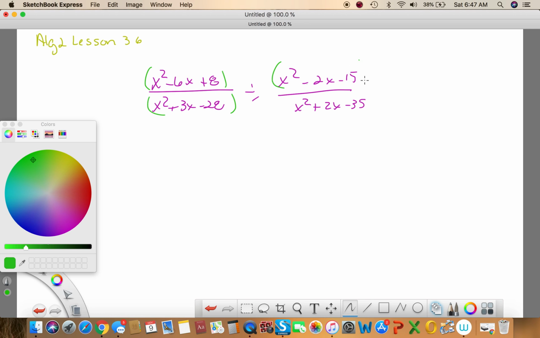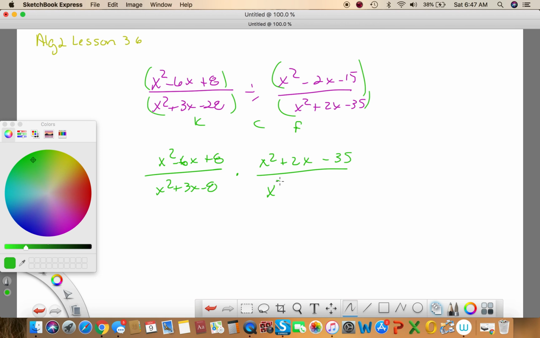I'm going to put my parentheses, and I'm going to keep, change, flip first, so I don't mess up. Because if I factor now, I might forget to go back and do the keep, change, flip. It's still a fraction divided by a fraction. You've got to follow fraction rules just because they're complicated polynomials.